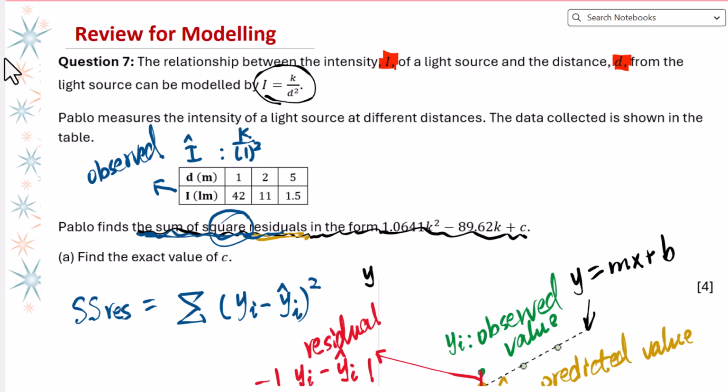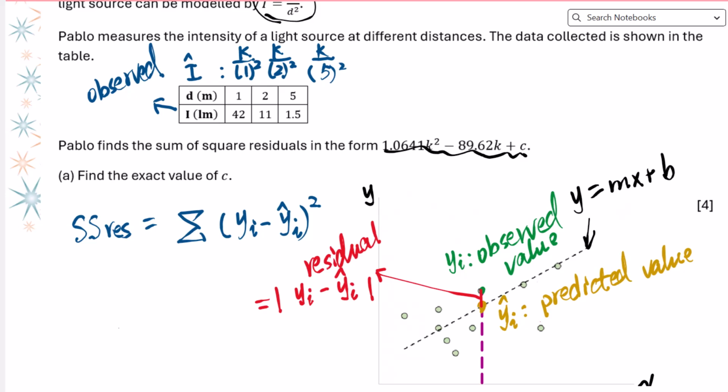Substitute 2 for d, we got k over 2 squared. Substitute 5 for d, we got k over 5 squared. Let's organize. I hat: k over 1 is k, k over 2 squared is k over 4, k over 5 squared is k over 25.